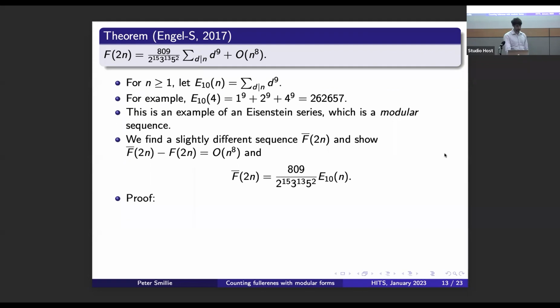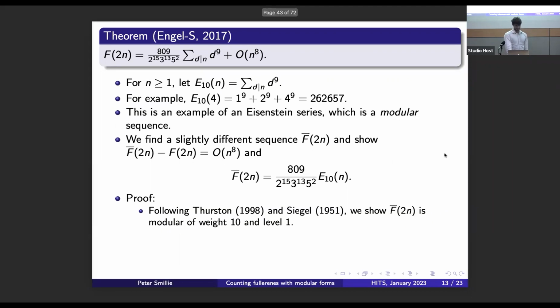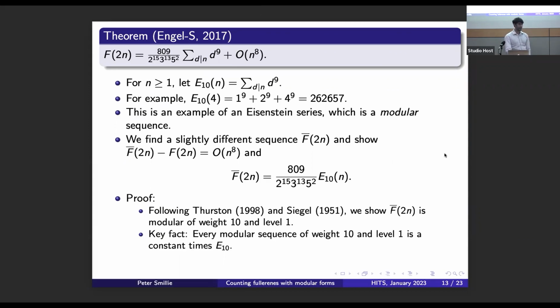And how did we show this equation here? This is the proof. First, we prove, using some big theorems, that it is a modular sequence, of weight 10 in level 1. Well, it's well known that every modular sequence of weight 10 in level 1 may not be equal to E10, but is equal to E10 up to a constant.